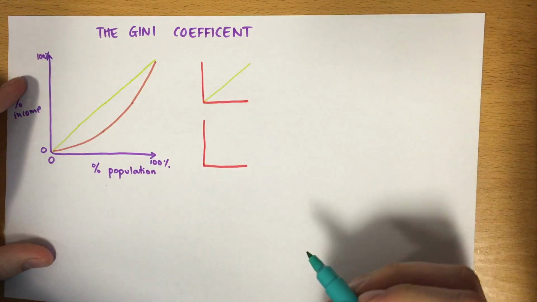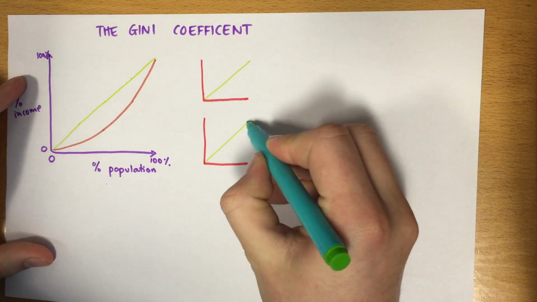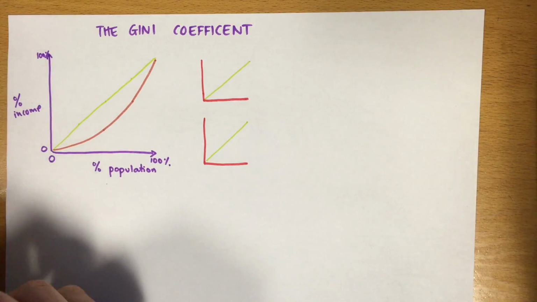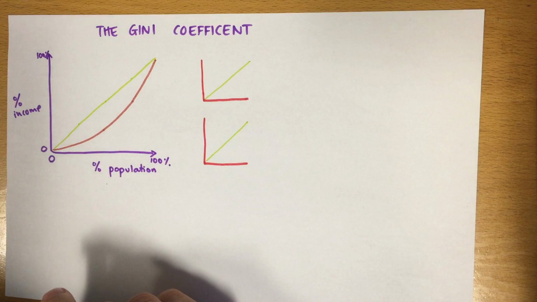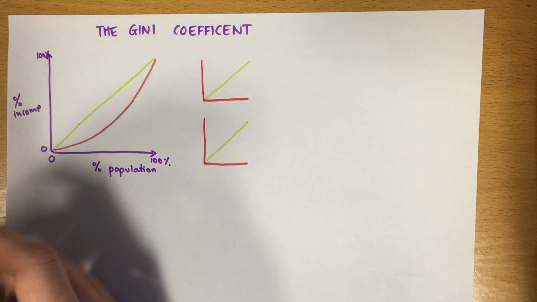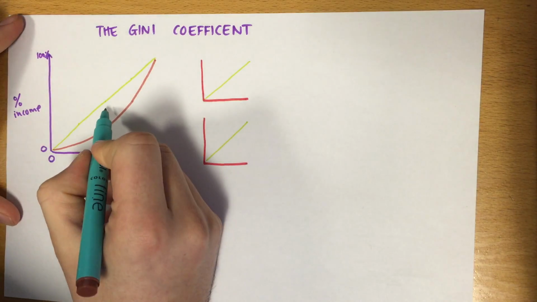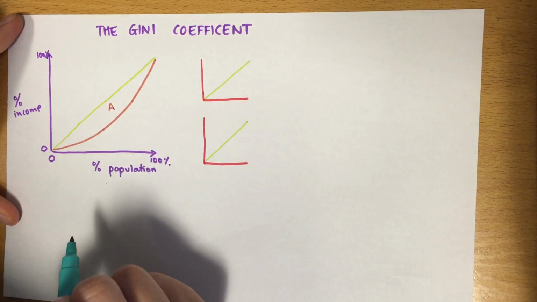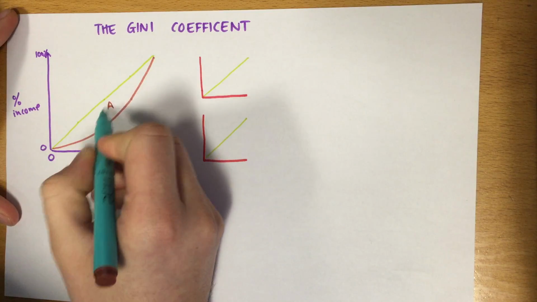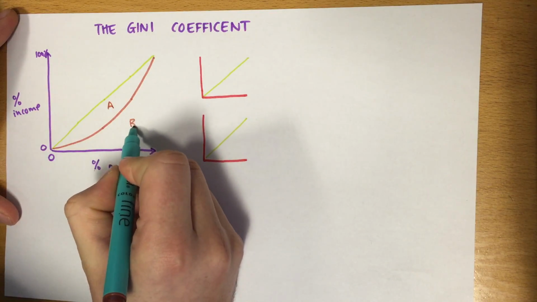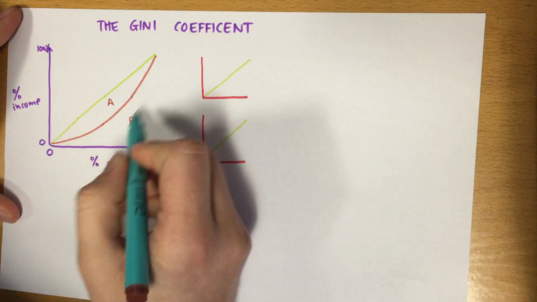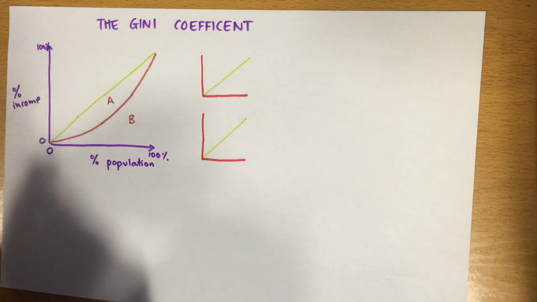So I've got perfect equality there, and I've got perfect equality on that one. But imagine I label these areas up on this graph as A, that's all the area between these two, and B, that's all the area underneath the line there.